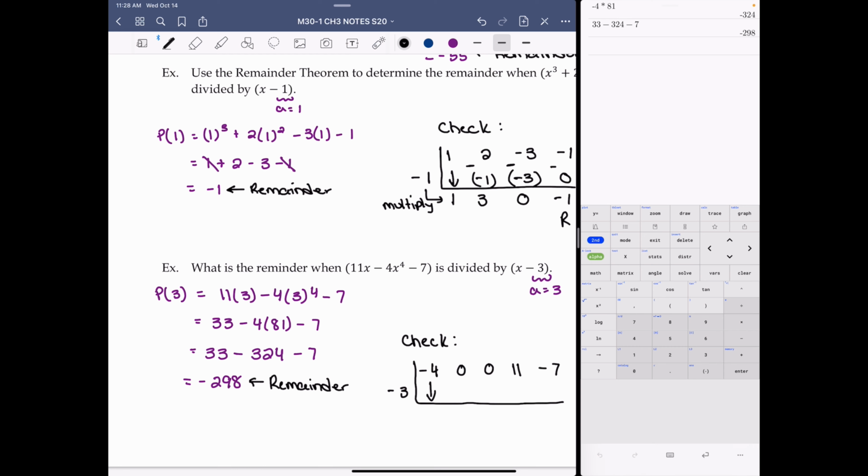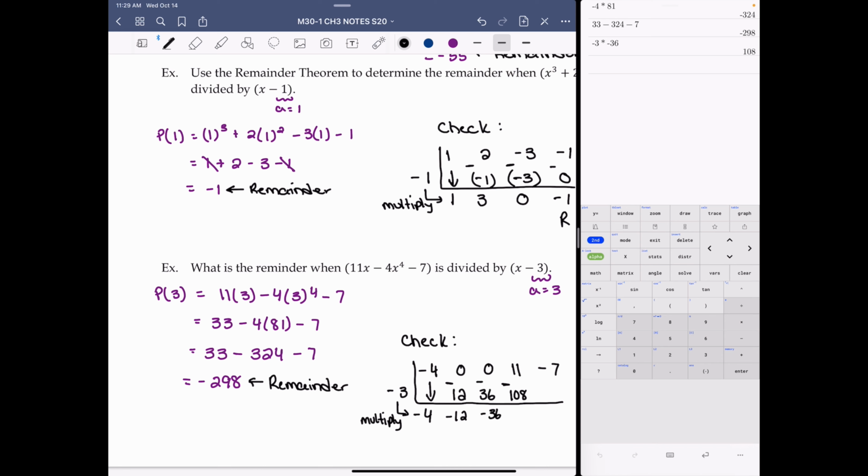Drop down our first coefficient, negative 4. Multiply. Negative 3 times negative 4 is positive 12. Subtract inside. 0 minus 12 is negative 12. Multiply negative 3 times negative 12 gives us positive 36. Subtract inside gives us negative 36. Multiply negative 3 times negative 36 gives us 108.